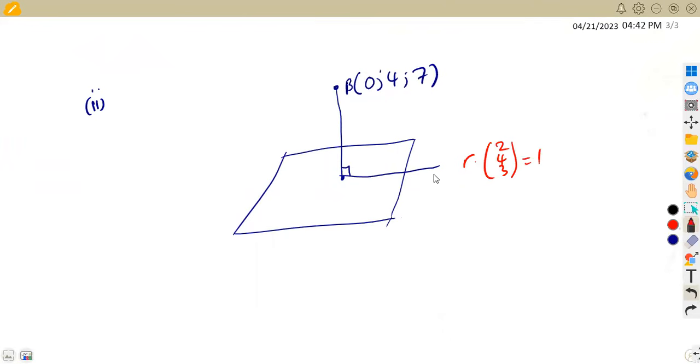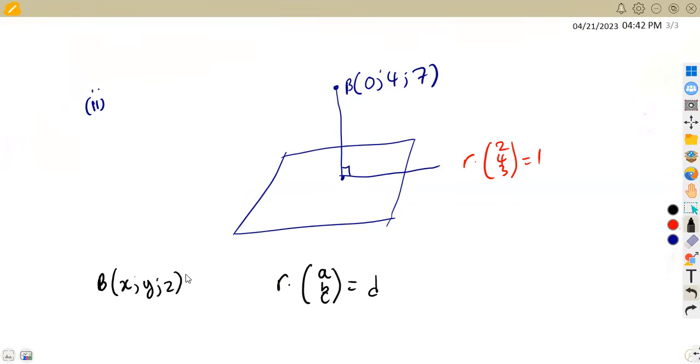I want you to understand this concept because questions are going to repeat on determining the perpendicular distance. If you have your point B, let's say given as x, y, z like this, and we are given the plane as r dot A, B, C is equal to D, let's say this is the format that we are given for the plane.